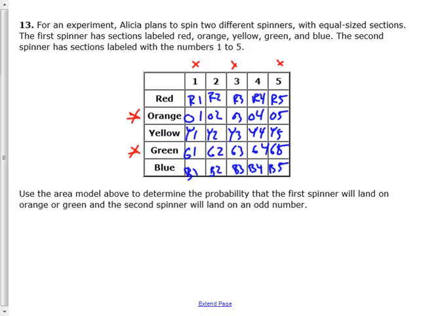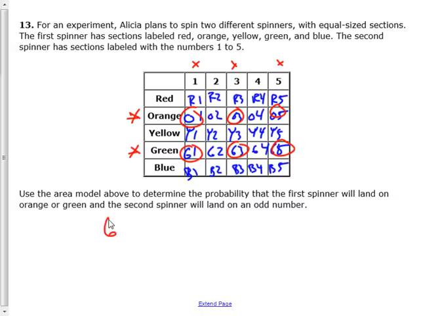Okay, so now let's figure out which ones are the orange or green, and odd numbers. So we have orange 1, 3, and 5, and we have green 1, 3, and 5. All the other ones really don't matter for us, except that it helps fill out all of our outcomes.